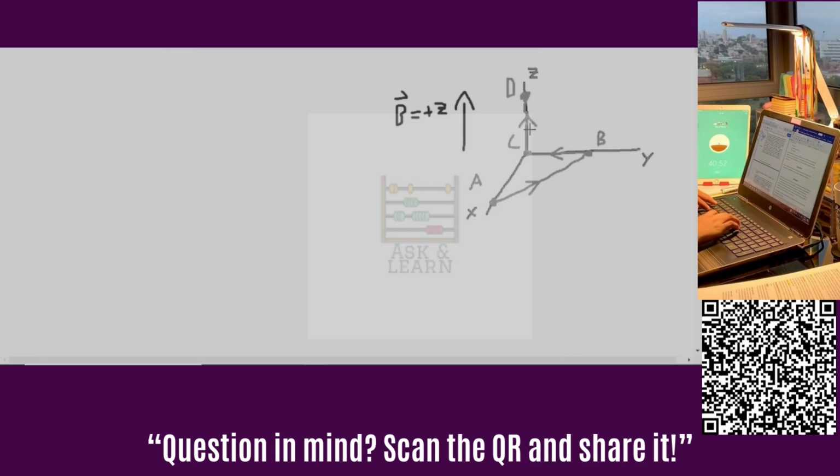So it's in the same direction as this segment C to D. And that points perpendicular to the plane created by the x-axis and the y-axis here. The z points up from that axis. You can think of x and y as your paper, and then z points straight up out of the page. This is three-dimensional. So now what we want to find is the force on each segment.